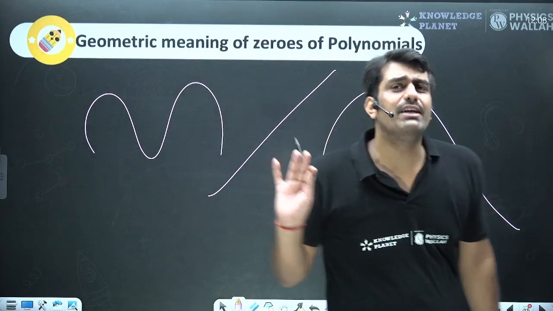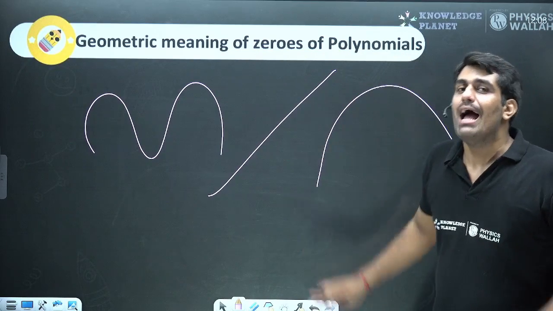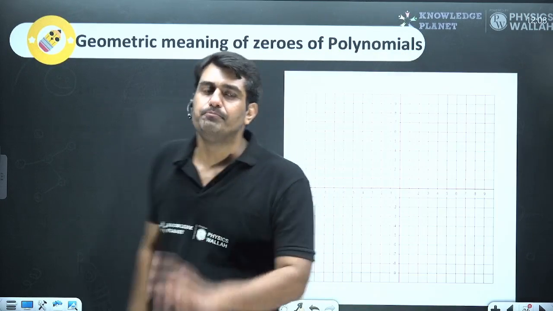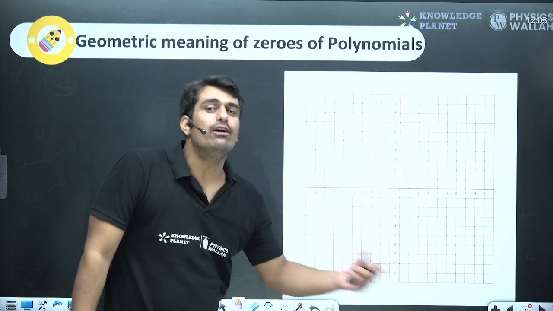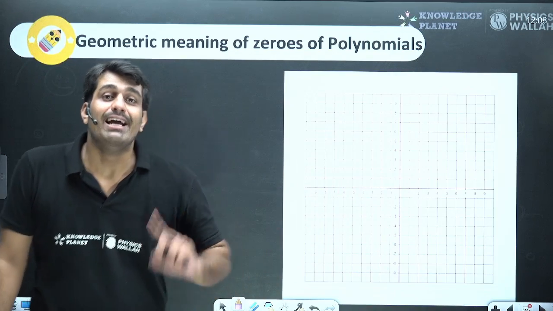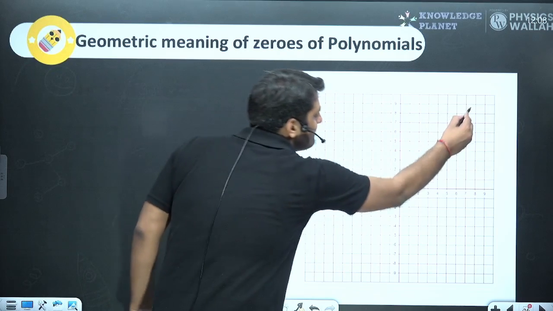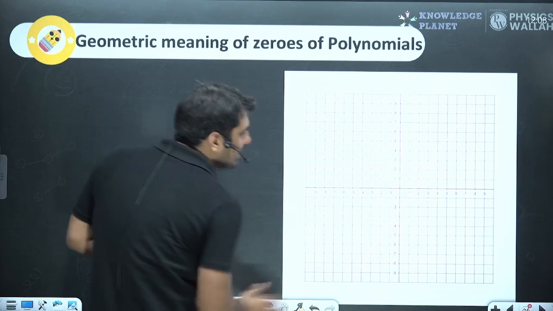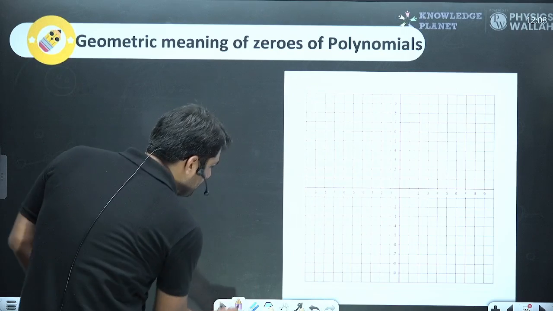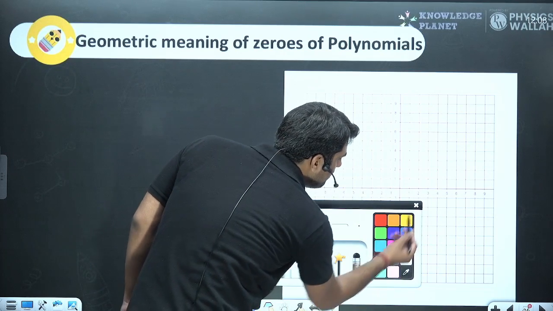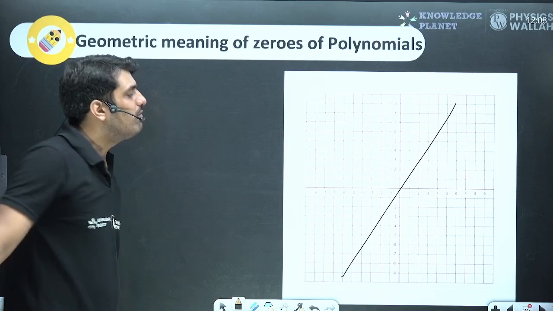What we are interested in when I'm talking about the geometric meaning is one thing. What is that? When you do the plotting of a graph, let me talk about a straight line. So if we have a straight line like this, I hope it is visible. In case it is not, I need to change the color of the pen so that it is more visible to you. I hope now it will be better visible.